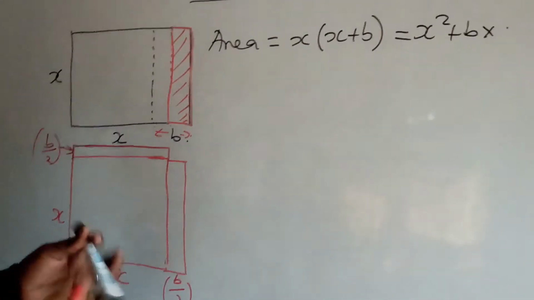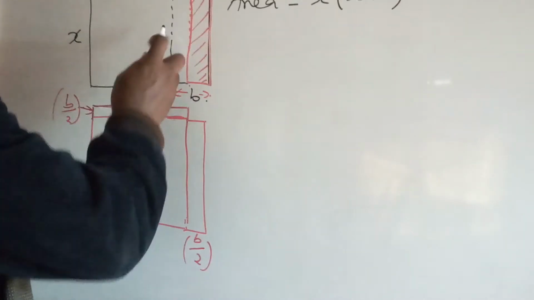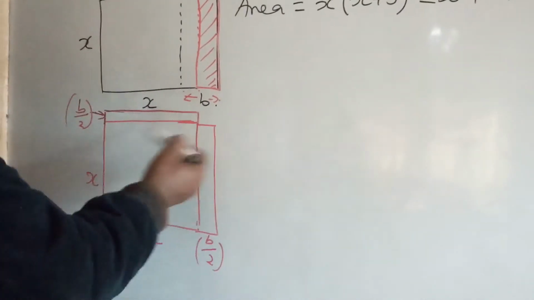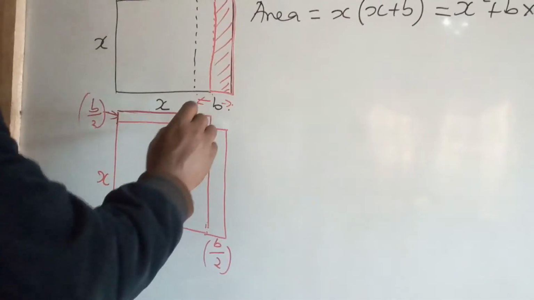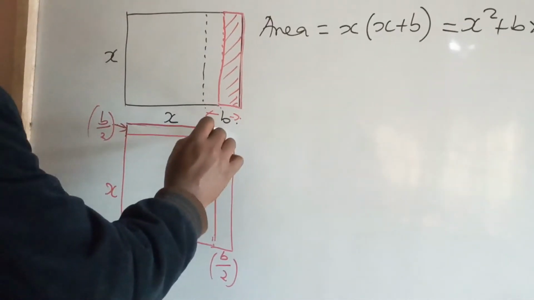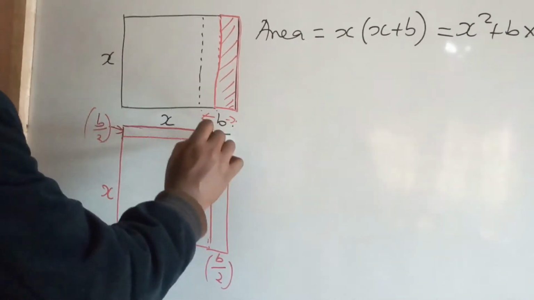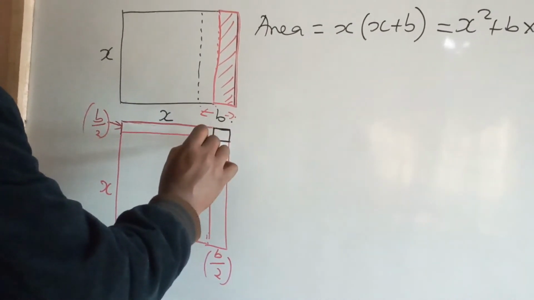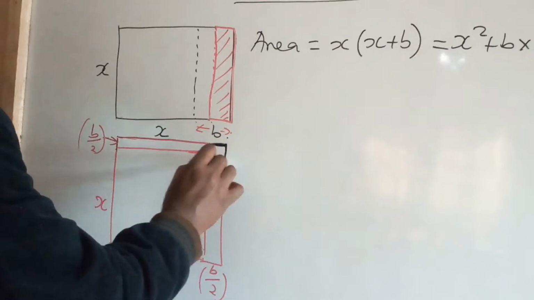So you can see we have a rectangle which has been rearranged into this particular figure. But what I want you to look at is that this square is not complete because it is lacking that portion.